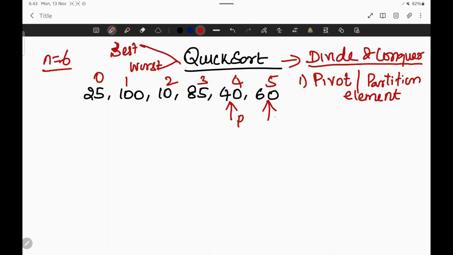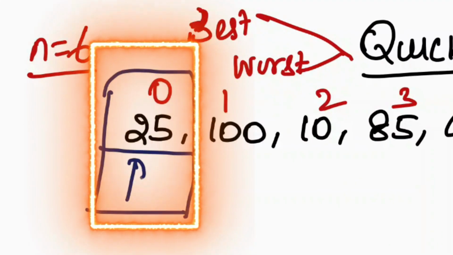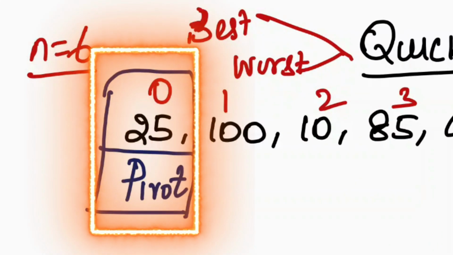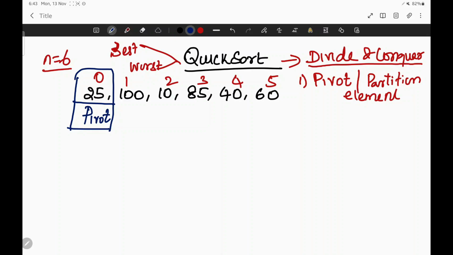For easy access, usually the user takes the first element as the pivot or partition element. So the first element is identified as the pivot.